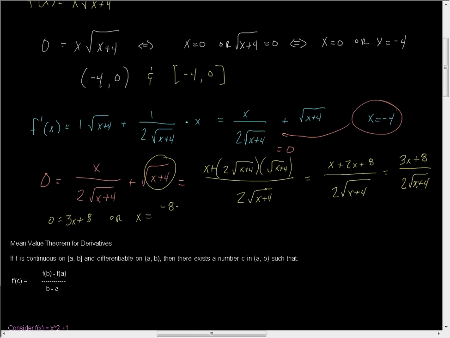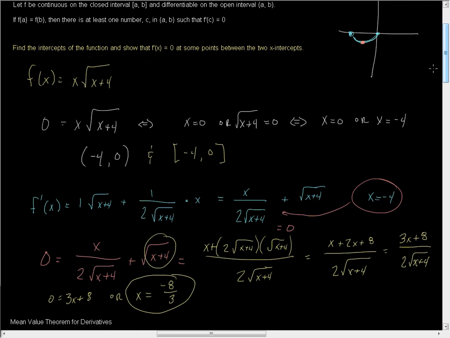So here's the value where the derivative is 0 at some point between the two intercepts. Negative 8/3 is slightly greater than negative 3, and that is in fact in our interval. And so we're good. That's how you figure these out.